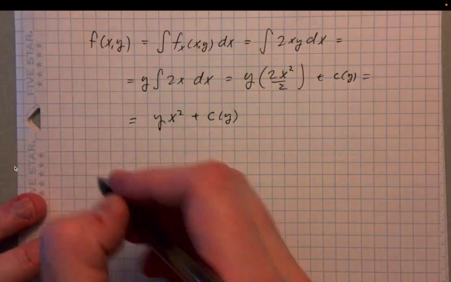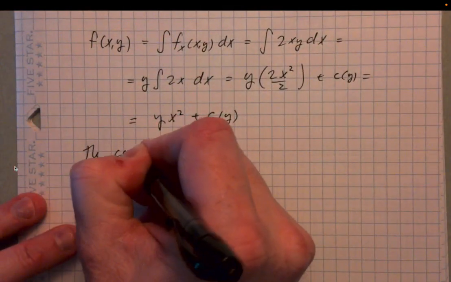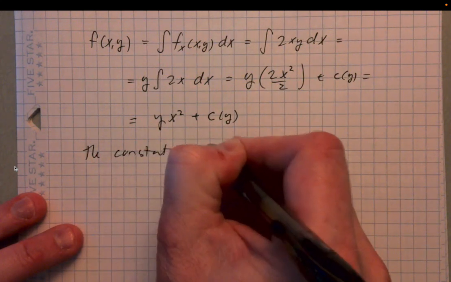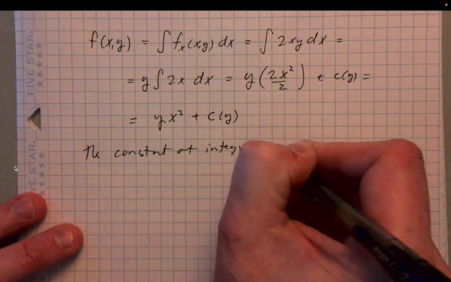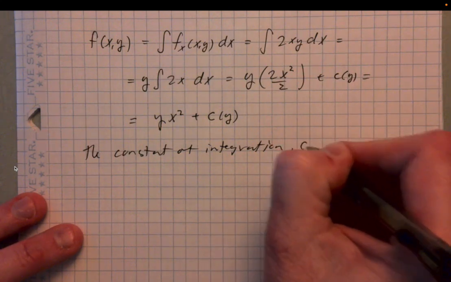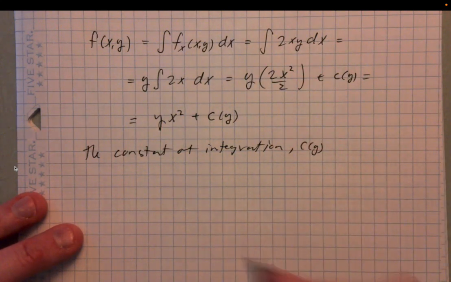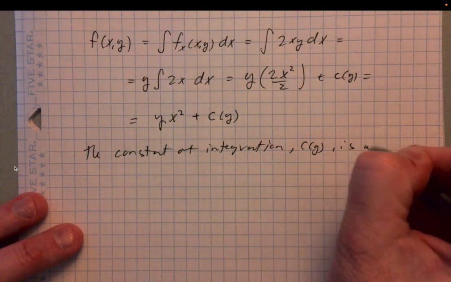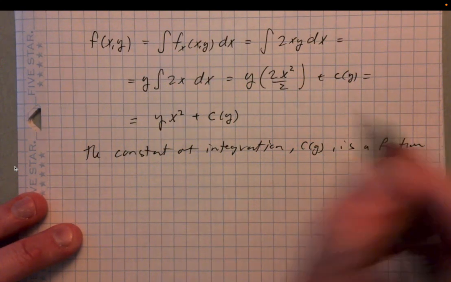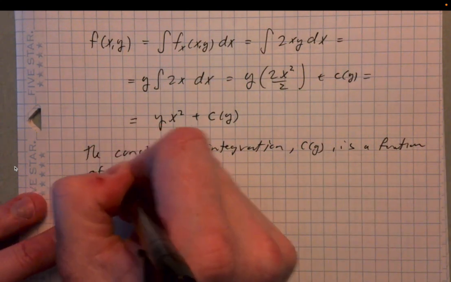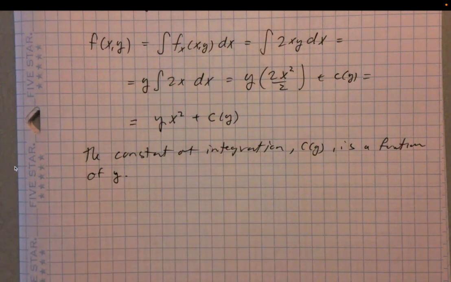So what does this mean? The constant of integration, which we've denoted as c of y, is a function of y. In other words, by integrating the partial derivative with respect to x, we're able to recover the original function only partially.